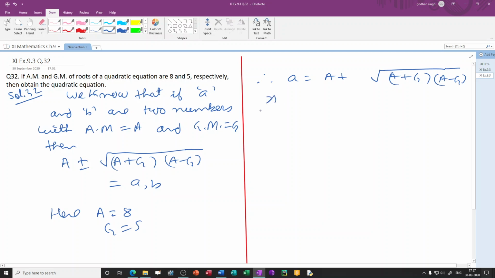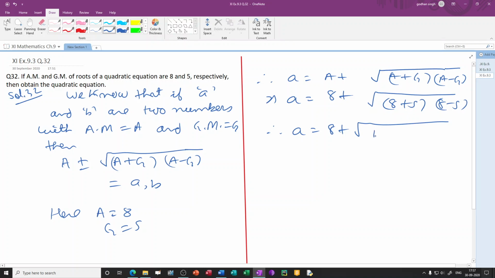So a equals 8 plus square root of 8 plus 5 into 8 minus 5, that is 13 multiplied by 3, so that is 39. So we get a equal to 8 plus root 39.